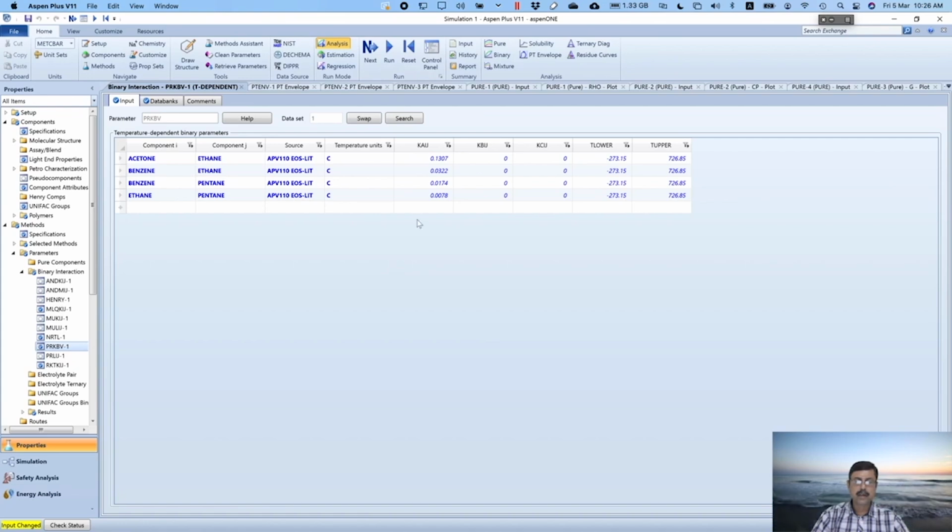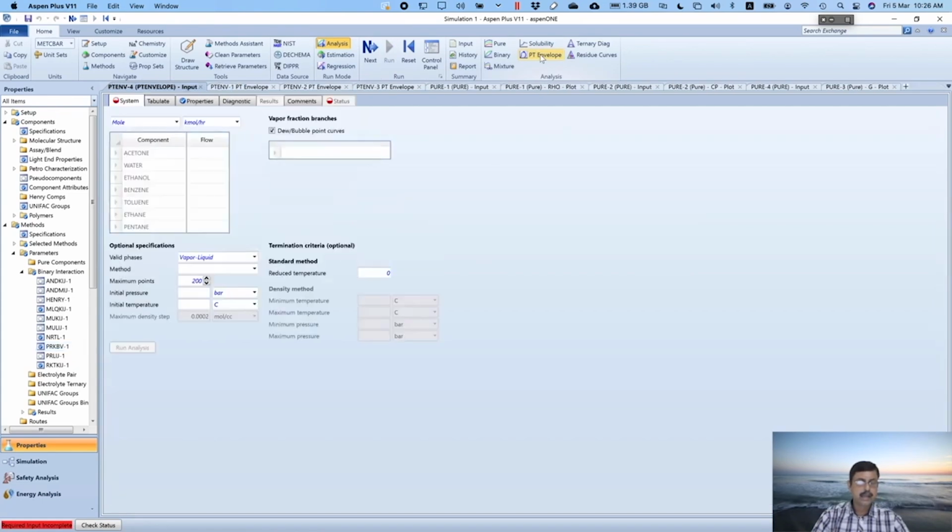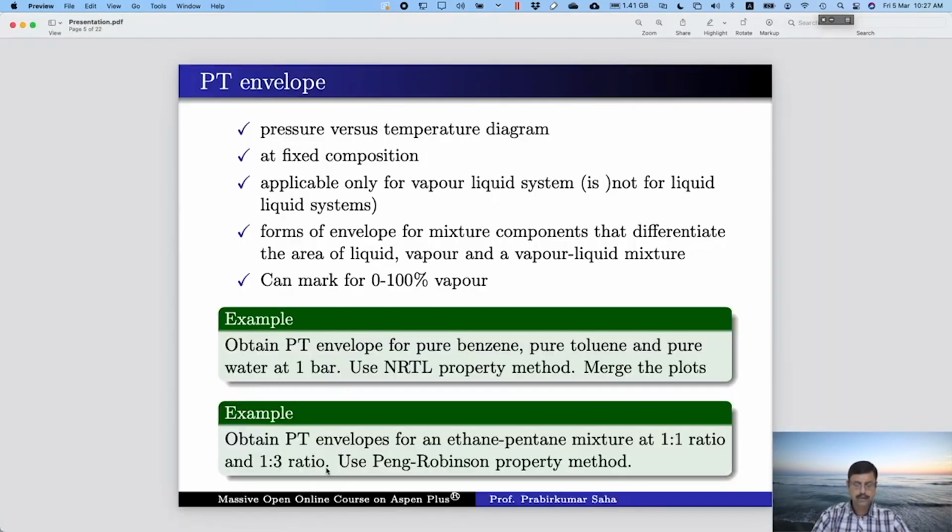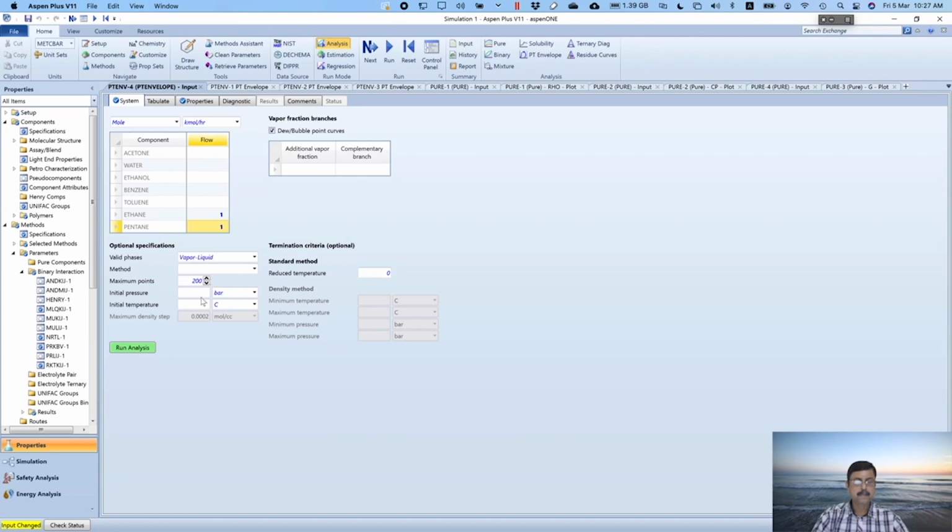Now again you bring in PT envelope, and here you have to give 1:1 ratio ethane and pentane, and the pressure is not given, but we can take 1 atmosphere. Let us take 1 atmosphere. Yes, so you can run analysis.